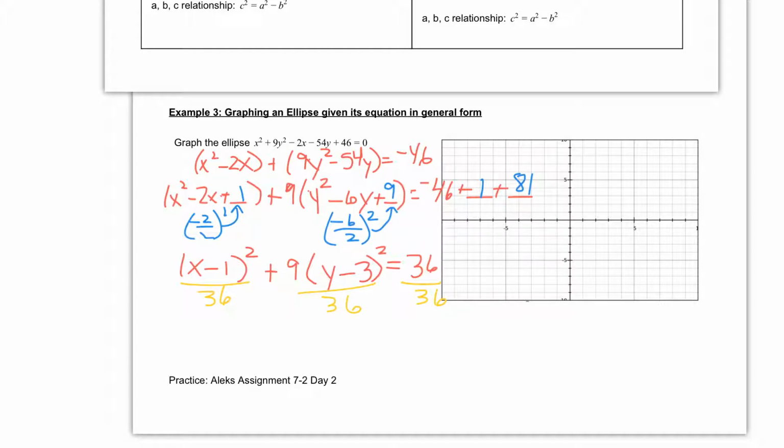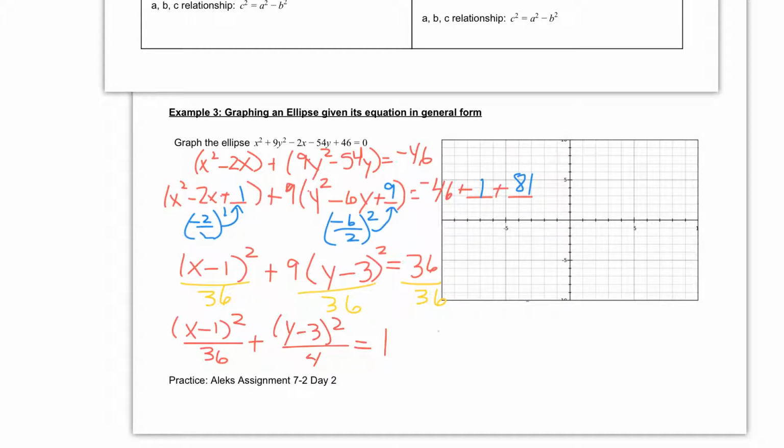And by doing that and simplifying, I end up with the equation x minus 1 squared over 36 plus, my 9 and my 36 can simplify to 1/4, so I get y minus 3 squared over 4 equal to 1. And from here I can find the information that I need to graph.